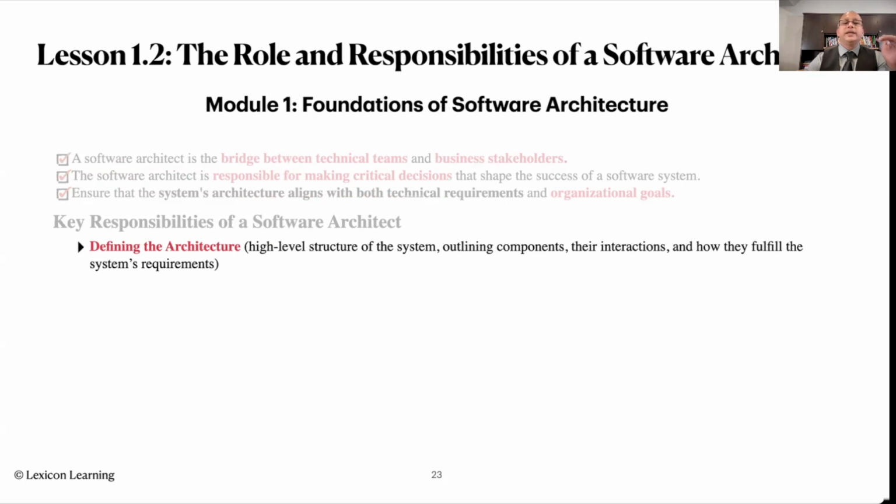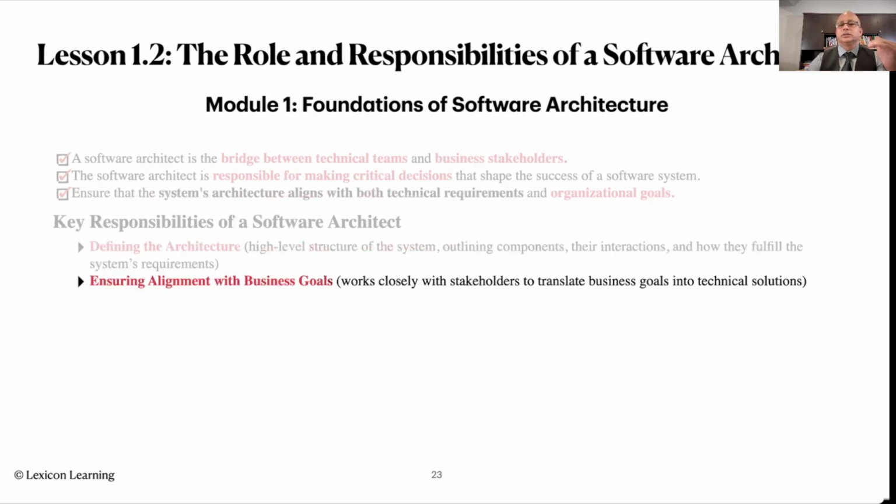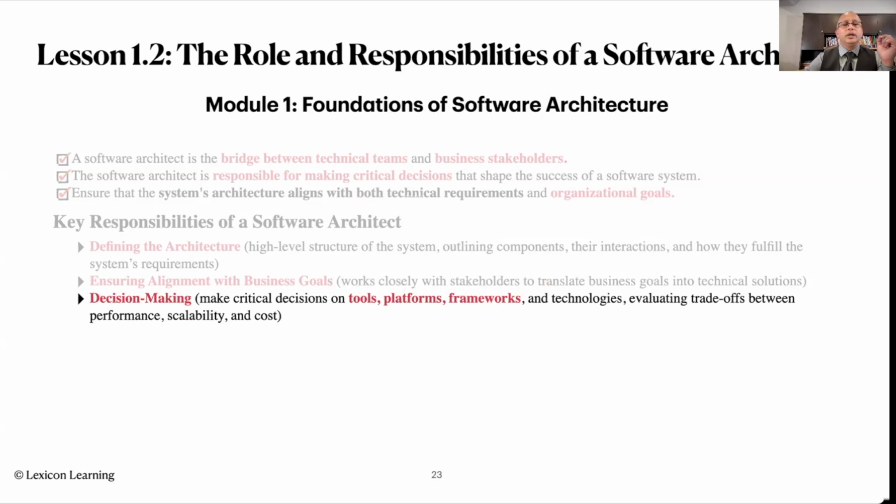is defining architecture, the high level structure of the system, how it will work, and the architect ensures alignment with business goals. Architect makes critical decisions like what tools, platforms, and frameworks will be used.